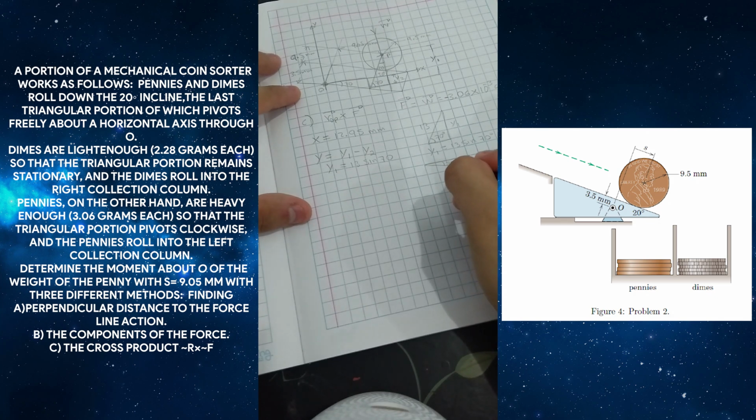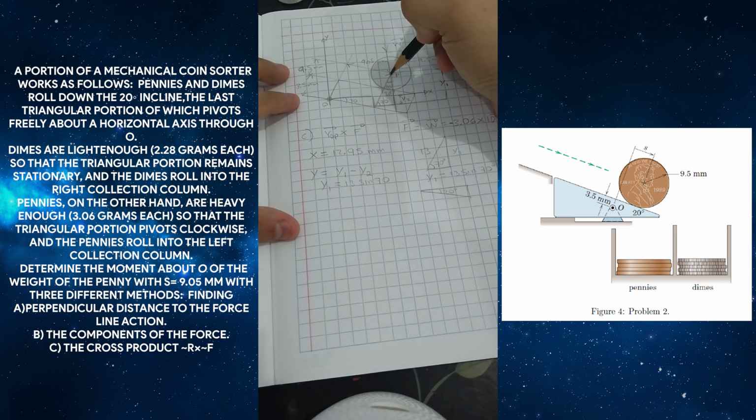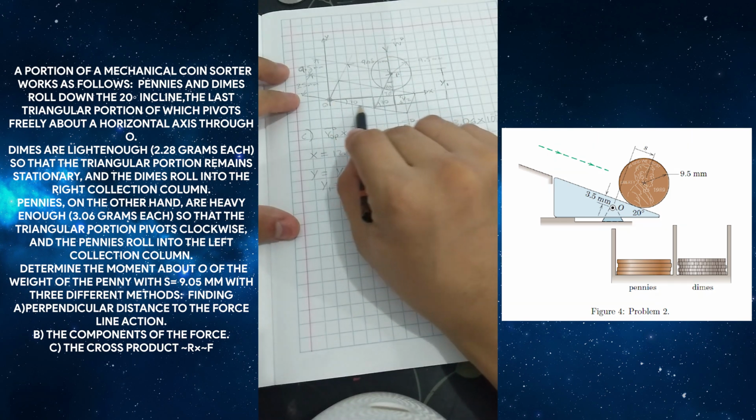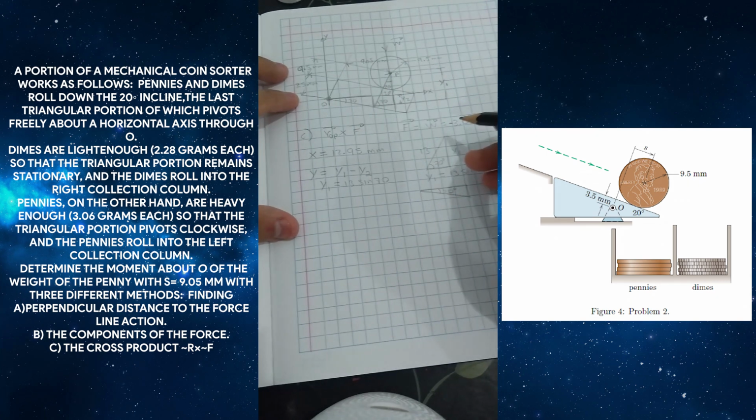And here we have an angle of 20 degrees. And this side, that is the hypotenuse, is equivalent to this side, that is S, which at the same time is 9.05, because they are parallel.